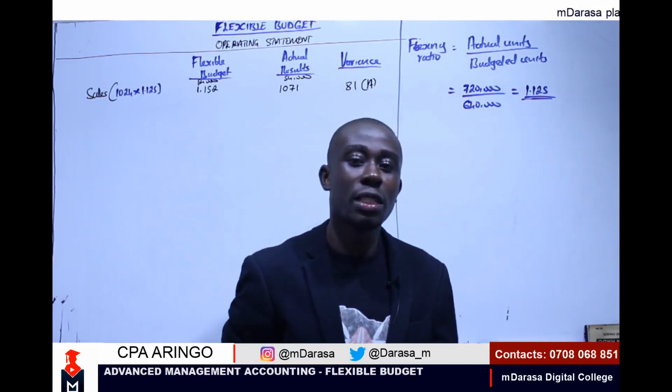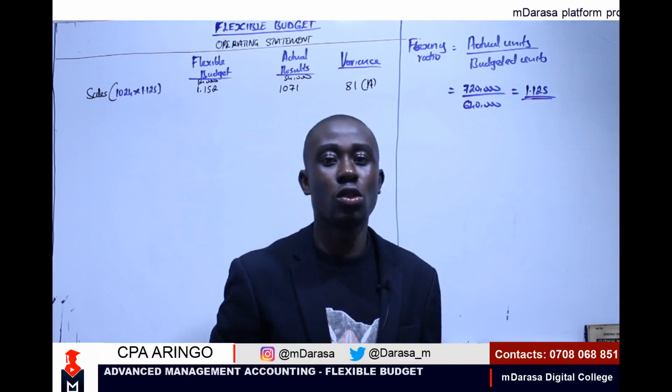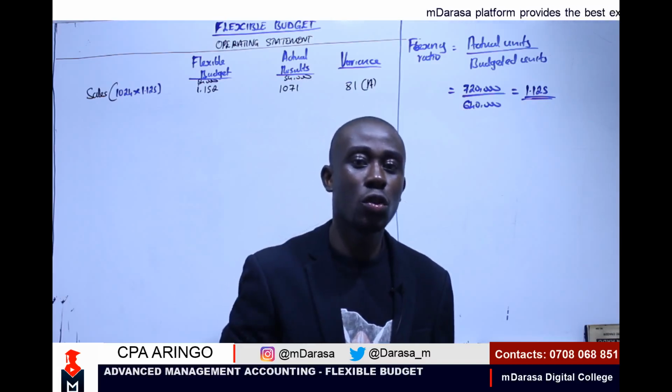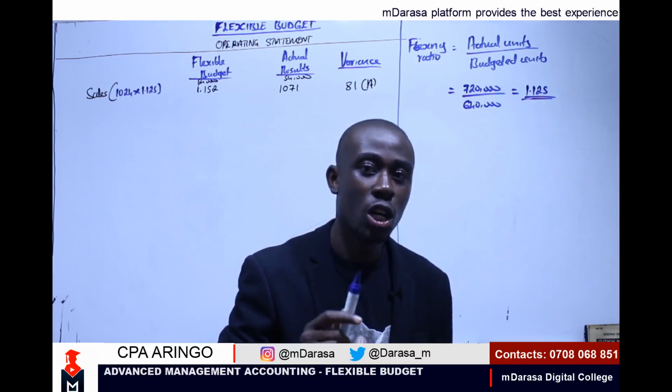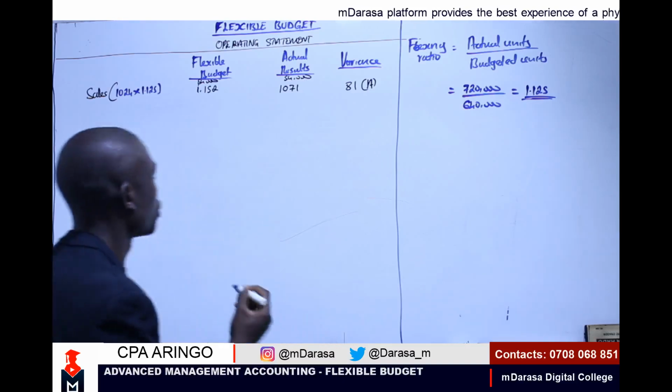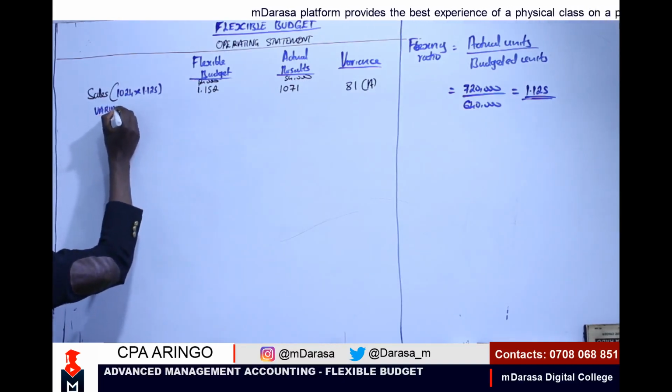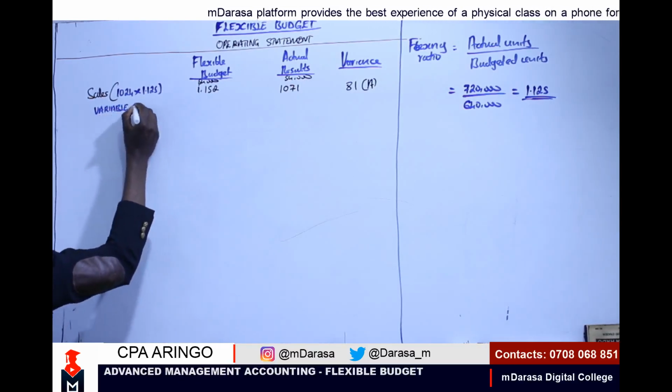After we are done with that, we go to the next element to be affected by the flexing ratio, which in this case we'll be talking of what? Variable costs. So talk of our variable costs here.